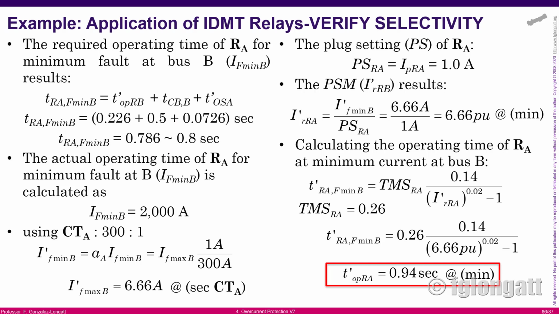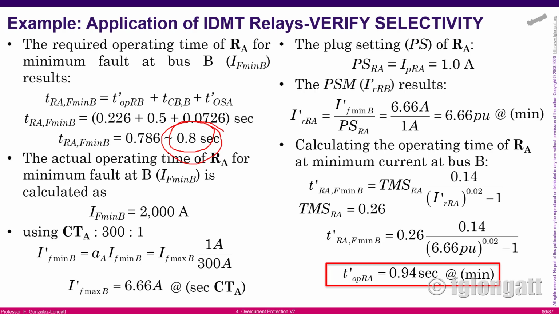0.8 seconds is basically the time that we need to consider in order that the relay A offers backup protection, and 0.94 is the operating time that the relay must act when there is a minimum fault level at the bus bar B. As a consequence, as we demonstrated here, 0.95 is greater than the minimum operating time of 0.8.